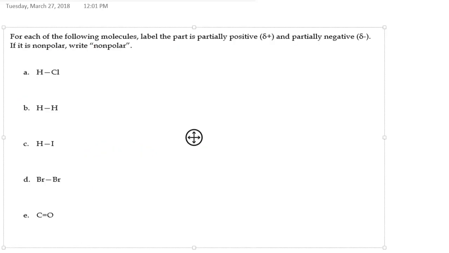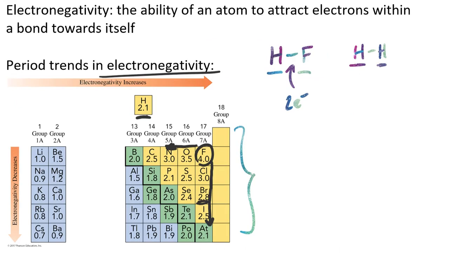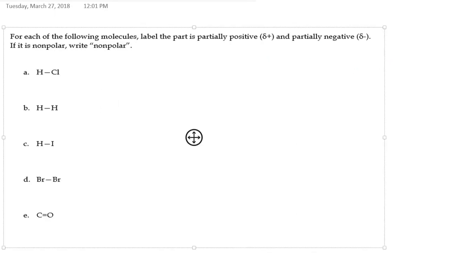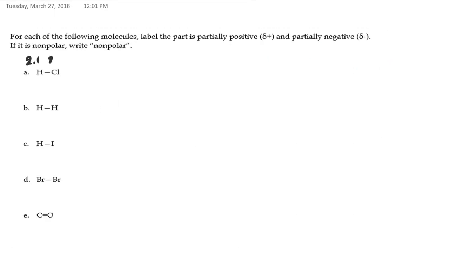Okay, let's do a few more of those examples. So how about hydrogen and chlorine? I'll look up in my electronegativity table, like we said, hydrogen is 2.1, but chlorine is 3.0. So 2.1 for hydrogen, 3.0 for chlorine. The difference in electronegativity for this particular bond would be 0.9.